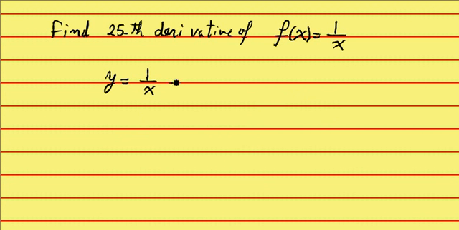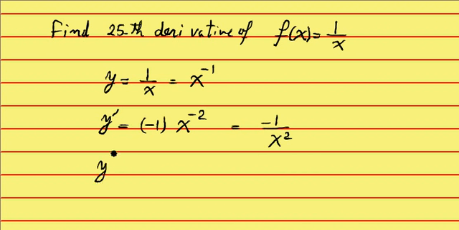To differentiate this, it might be easier if we write this with a negative exponent, x to the power of minus 1. So when I want to differentiate that, I just take the exponent up front, and the exponent has to be lowered. Now you can always go back to the ordinary notation and write this as minus 1 over x squared.